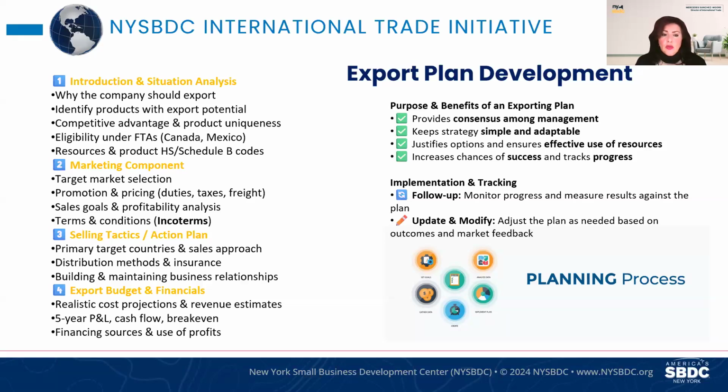The third section of your business plan is going to speak about your selling tactics, and is going to describe your countries and your sale approach, the distribution methods that you're going to use. You also need to take into account insurance, and this insurance could be for many different things. You could have business insurance, product insurance, and you could have transportation insurance in itself or credit insurance to protect the way that you're going to get paid, making sure that you get paid.